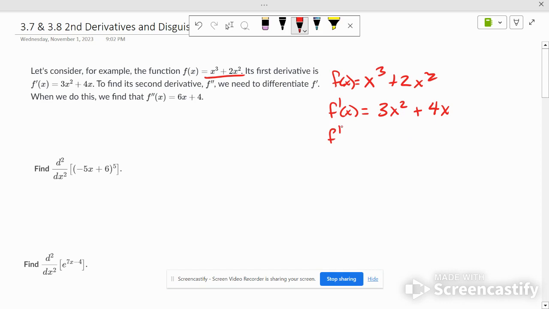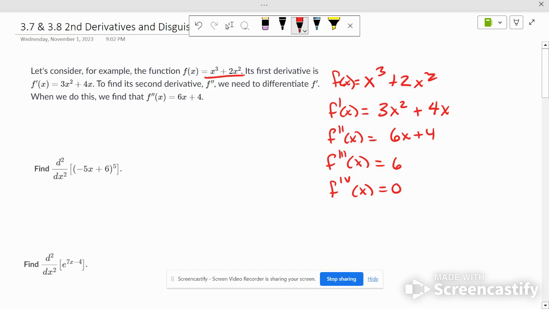And the second derivative of this would be 6x plus 4. What about the third derivative of this? 6. What about the fourth derivative of this? Okay? Derivatives, super easy like that.